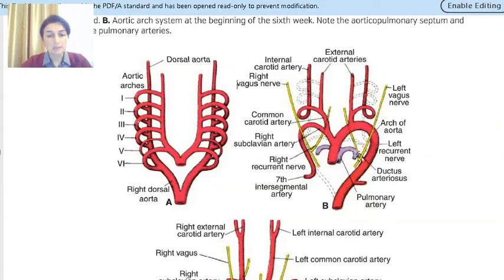In the right side, this aortic arch will lose its contact with the dorsal aorta, and it will form the pulmonary artery which goes to the lungs. And in the left side, we will see the connection of the sixth arch, that is the left pulmonary artery, with the remaining part of the dorsal aorta, as the ductus arteriosus.